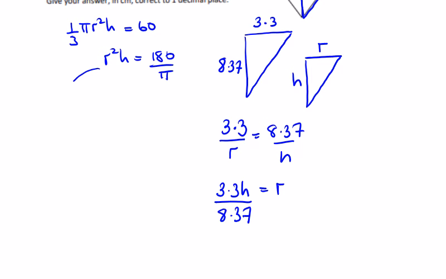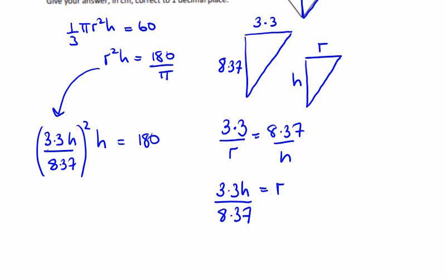So if you fill this back in up here, 3.3h over 8.37 to be squared times h is equal to 180 over pi. Let's use a calculator for 3.3 squared divided by 8.37 squared. That's going to give me 0.15544.